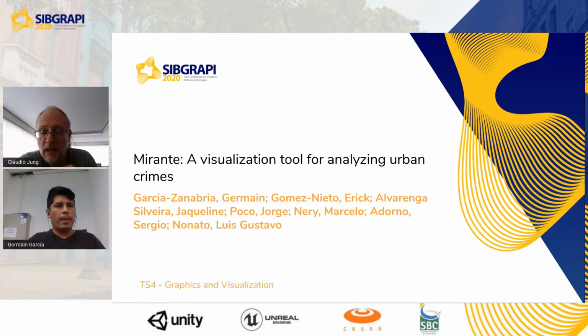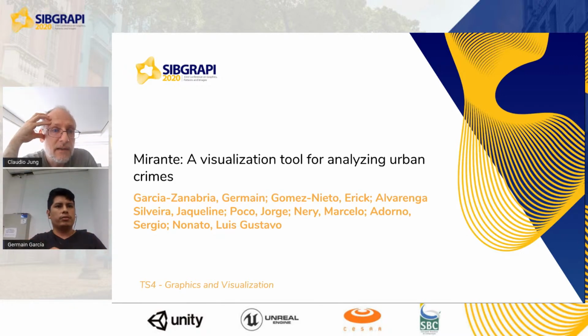Okay. I'm going to keep checking on the questions here, but I have another one. You have data from the police reports, right? And they are given as addresses. Is that correct? Do you parse the addresses, or do you have GPS locations? Yeah, we have geolocalization, latitude and longitude of a crime event.